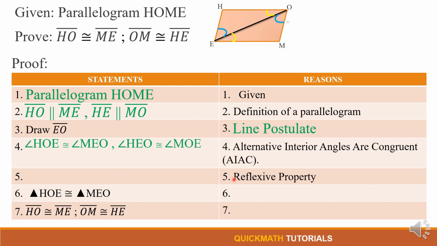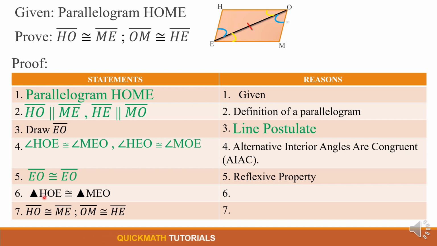For number 5, the reason is the reflexive property. So for our statement, we have the line segment EO is congruent to itself, the line segment EO. So that is the reflexive property. As you can see here in our illustration, the congruent parts are the angle, the side, and the angle.